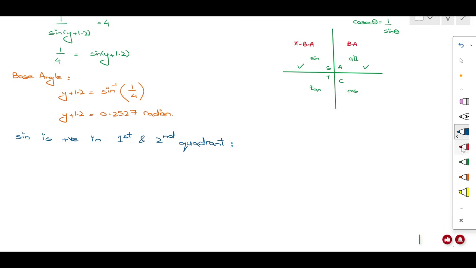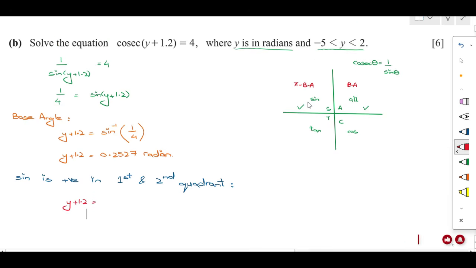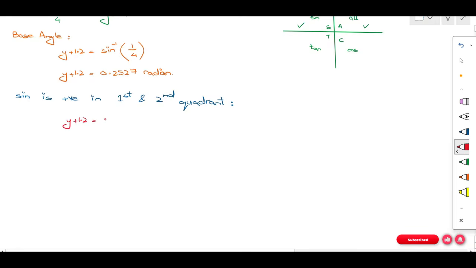For the first quadrant we have only the base angle, so y plus 1.2 should be your angle, the main angle. This main angle is equal to your base angle, which is 0.2527 radians. So what is your y value?